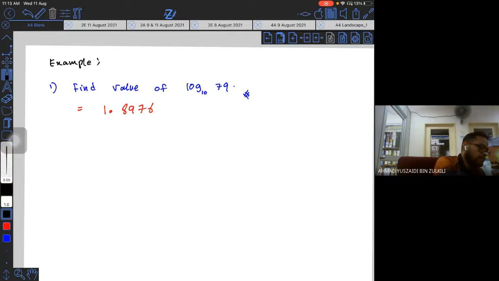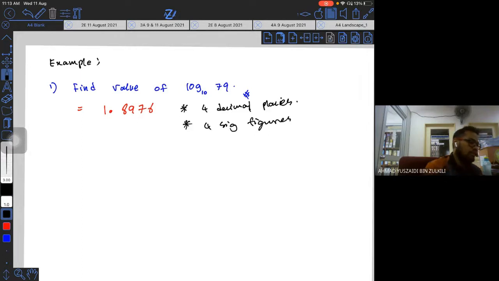Okay, always remember to take 4 decimal places just to be safe lah, or 4 significant figures. Up to you.